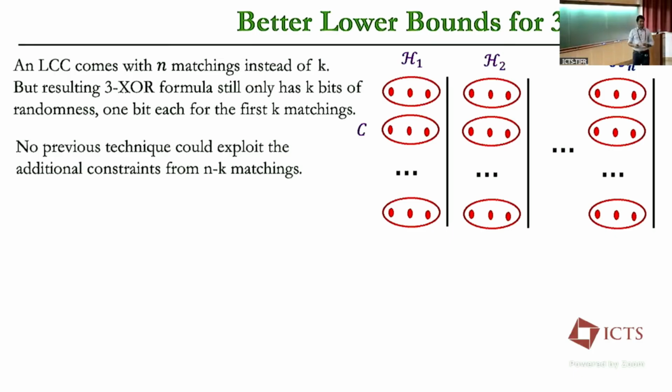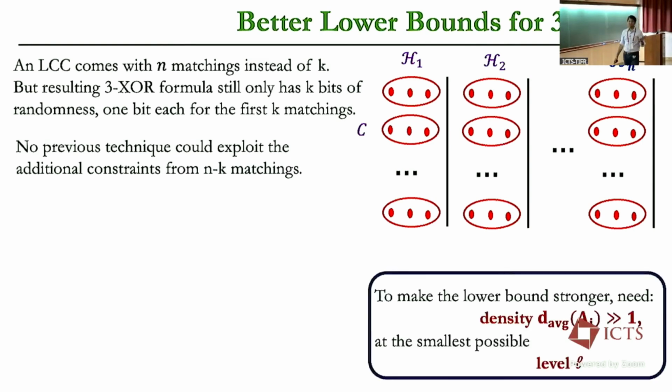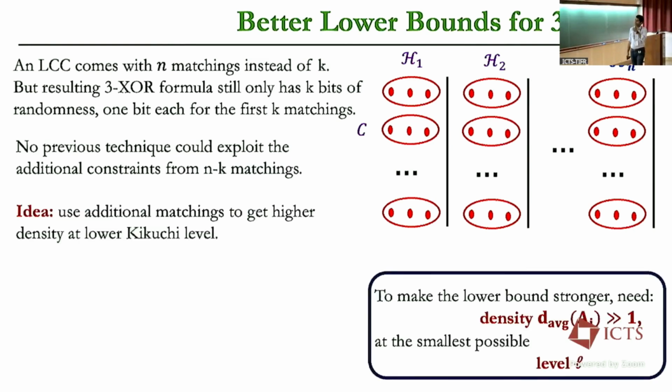So the bottleneck in the previous lower bound ideas was that even though there are these extra n minus K matchings, we didn't know what to do with them. So all the lower bound techniques thought, well, forget about the n minus K extra matchings, use the K and whatever happens, happens. So let me now show you how you can actually use the n minus K additional matchings and get some win. At least let me tell you how you can do this at a high level.